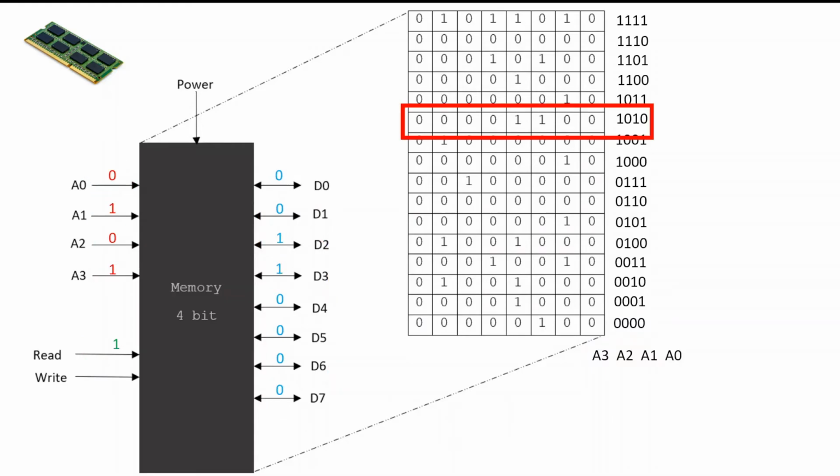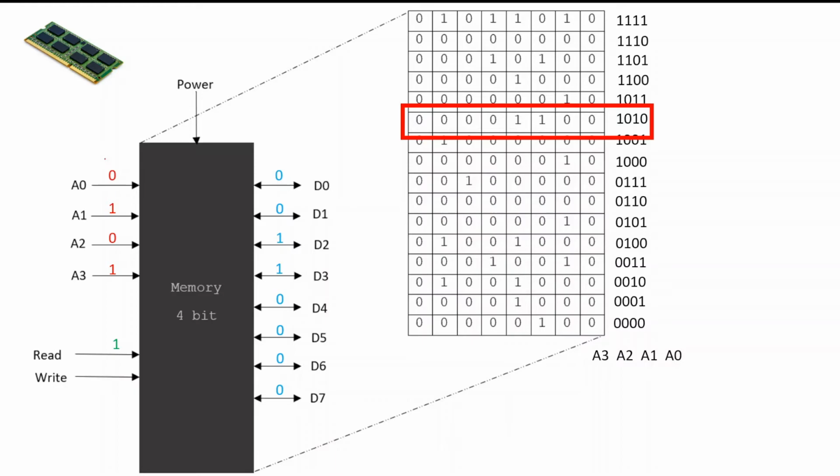Similarly, if you want to read a byte of data from the location 1010, just place the address in the address bus and send the read signal. The memory will place the byte of data on the data bus. The write operation is a completely opposite one.